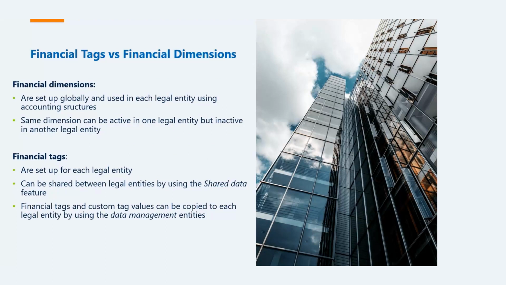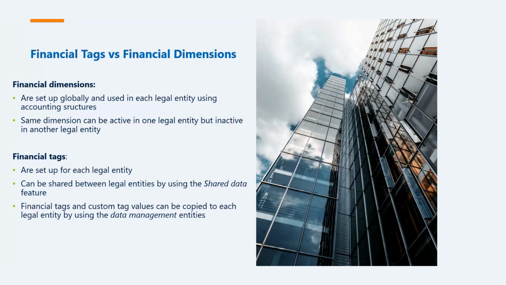Then comparison between financial dimensions. Financial dimensions are set up globally and used in each legal entity using accounting structures. And for financial tags, you would need to specify them on each legal entity. But there are workarounds.